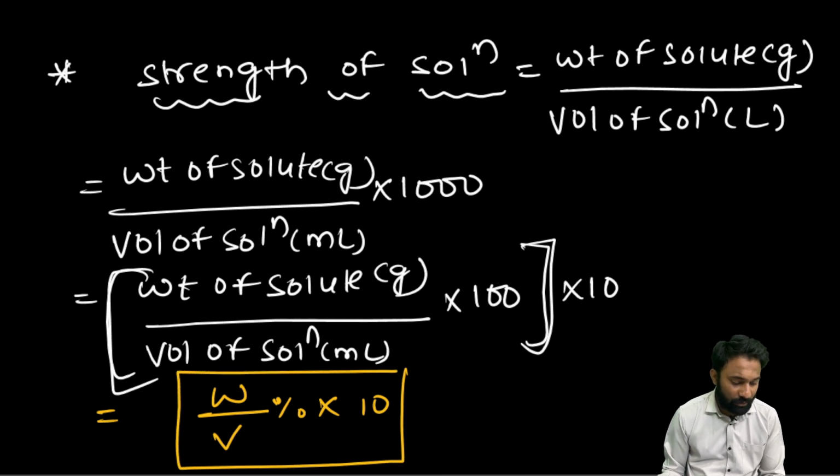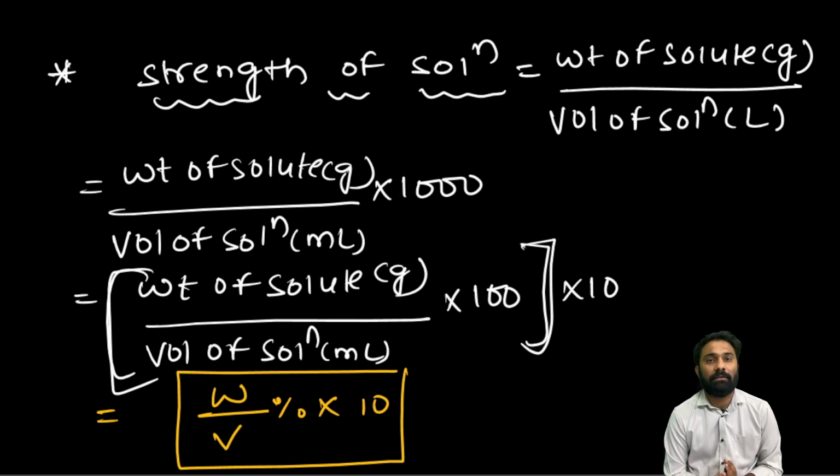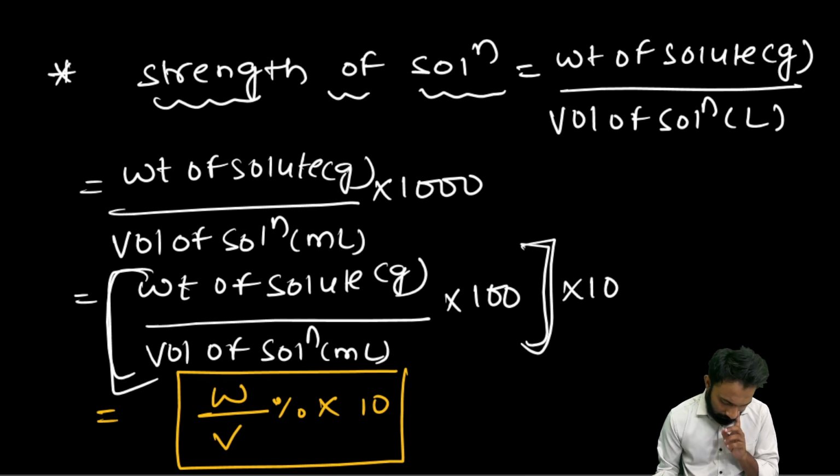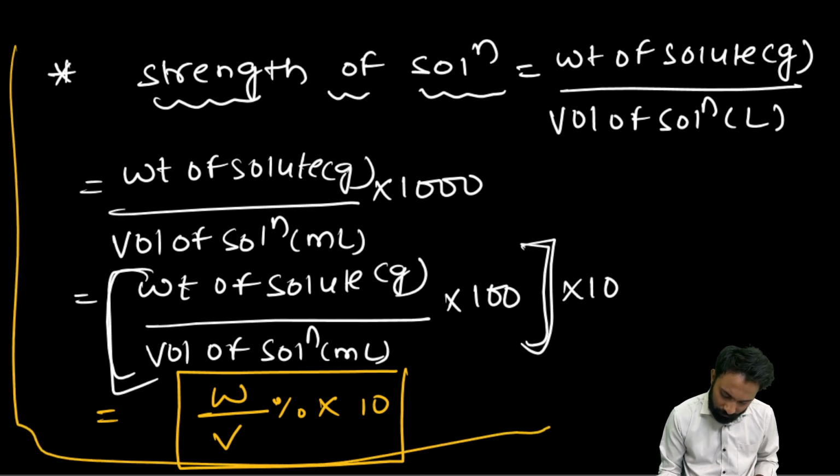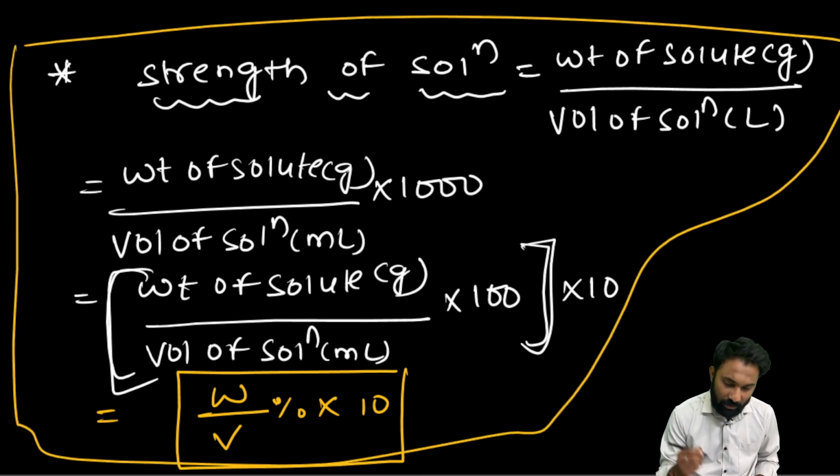Now this we are going to use when we relate it with another concentration term, that is molarity. With the molarity and the normality, we are going to relate the strength of the solution. This is a very important formula.